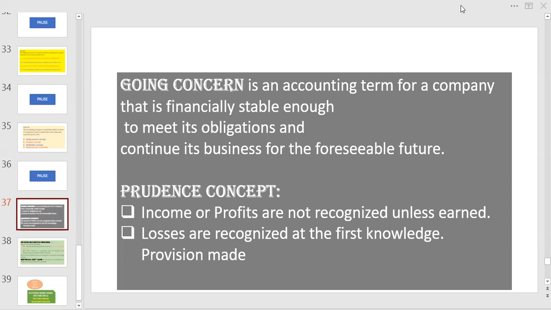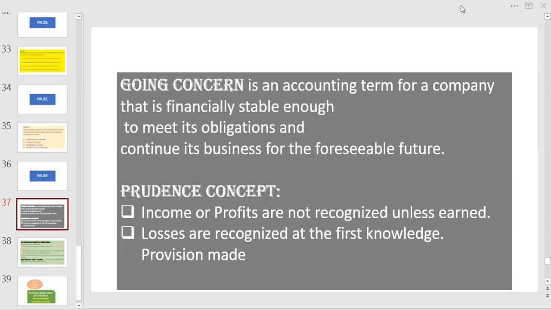Is there any major obstacle where the continuity of the business will become doubtful? Maybe due to legal reasons, financial reasons, or some other reason. It should be the next few years, or next year, or the year after.